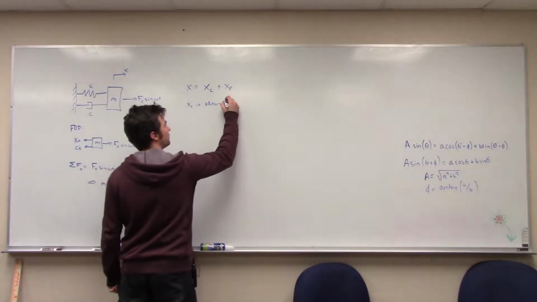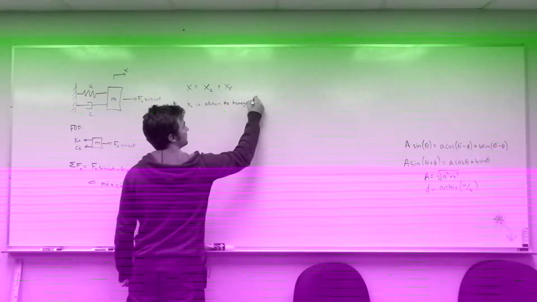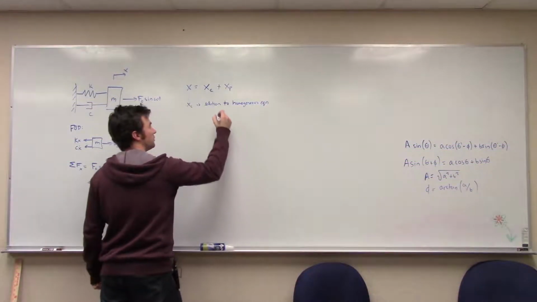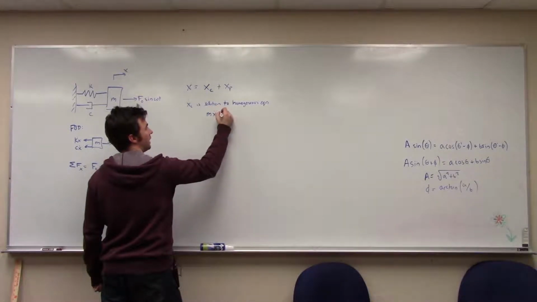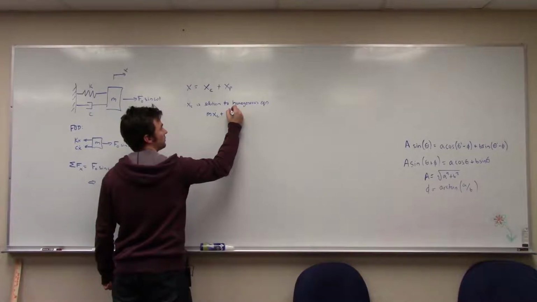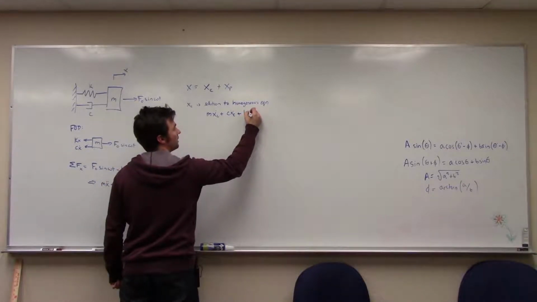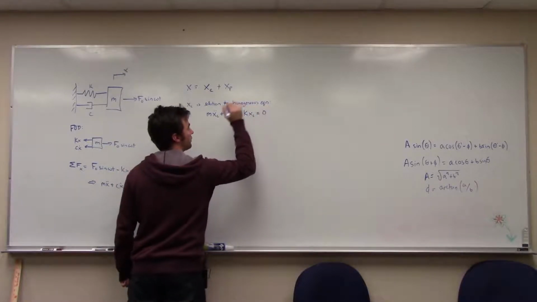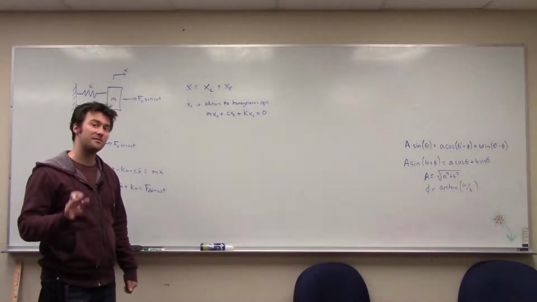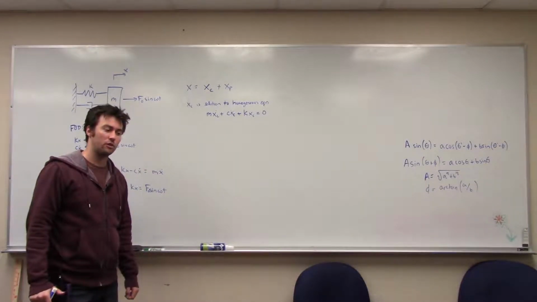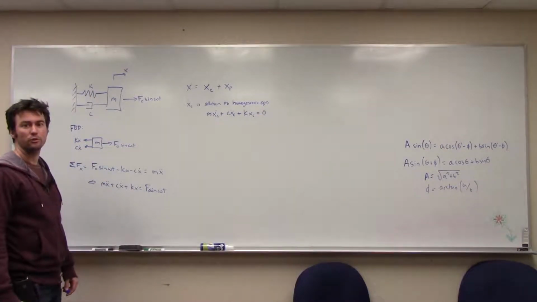That's the solution to the homogeneous equation, which just solves m xc double dot plus c xc dot plus k xc is equal to 0. The complementary solution solves this equation. We already have that solution. We solved for it when we were figuring out the unforced system.